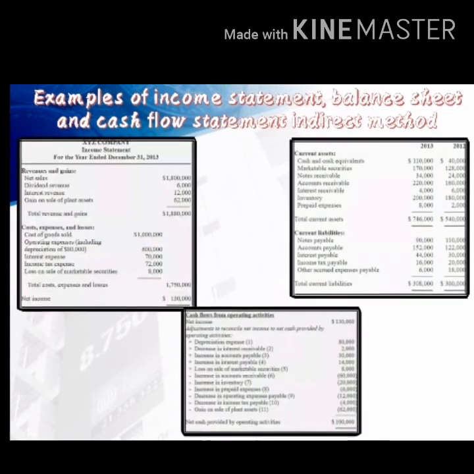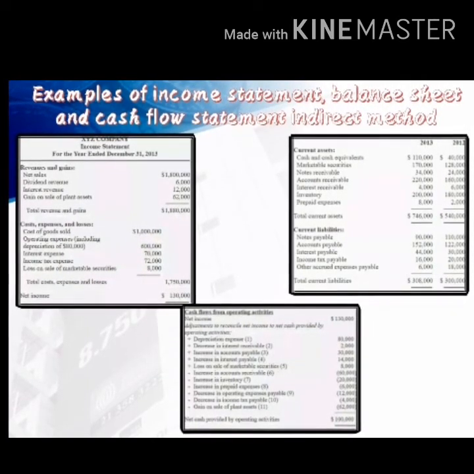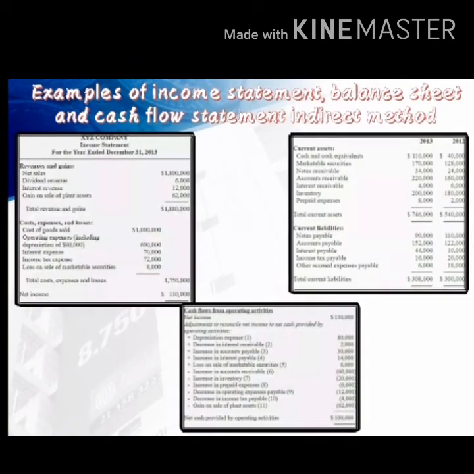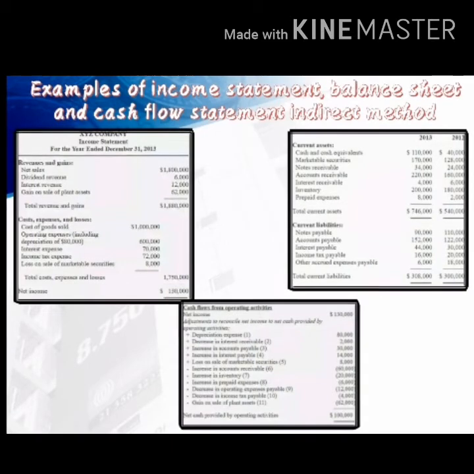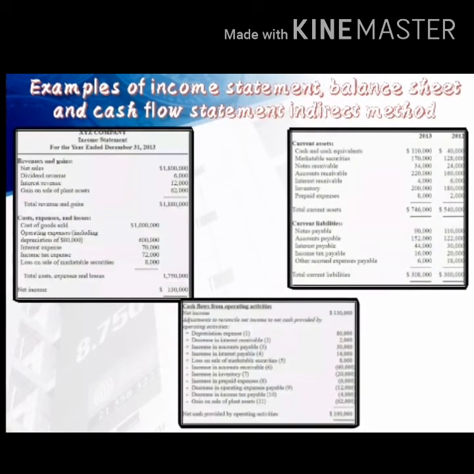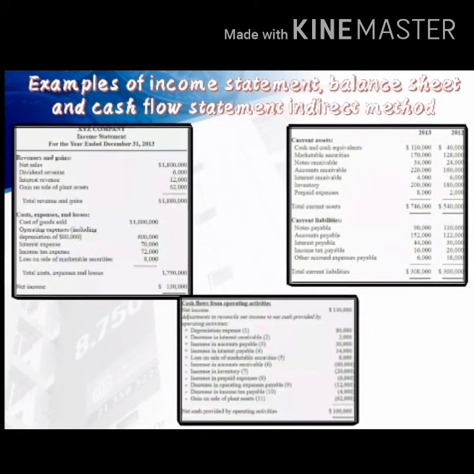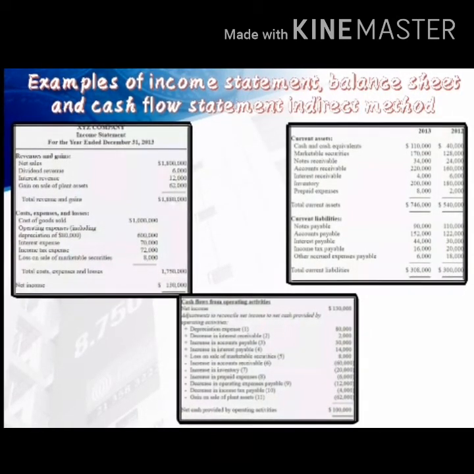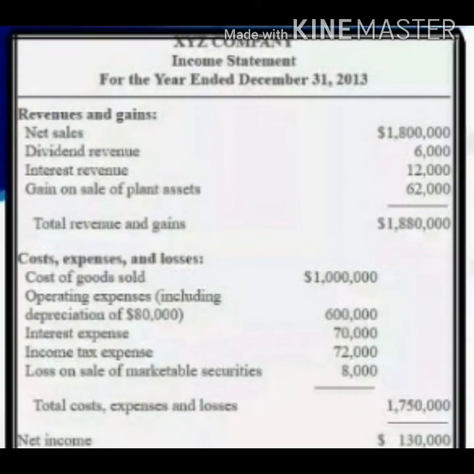So here is an example of the income statement, balance sheet, and cash flow statement under the indirect method. It shows XYZ company's income statement, balance sheet, and cash flows from operating activities, or the cash flow statement.